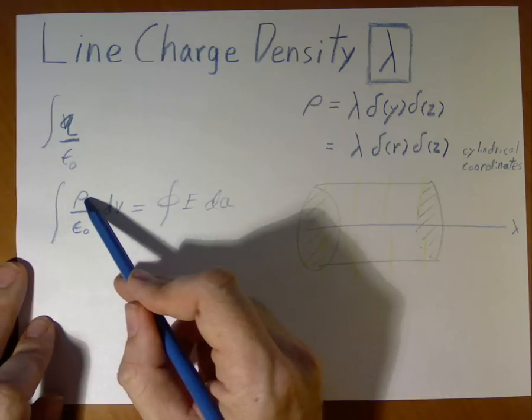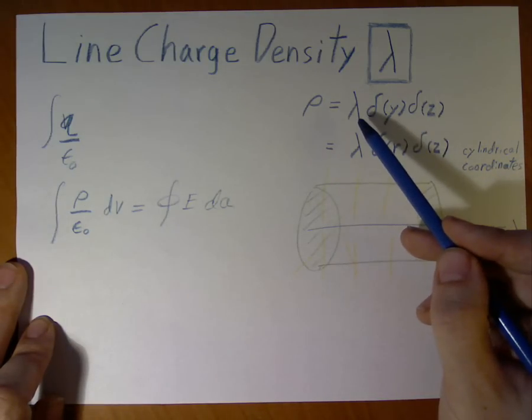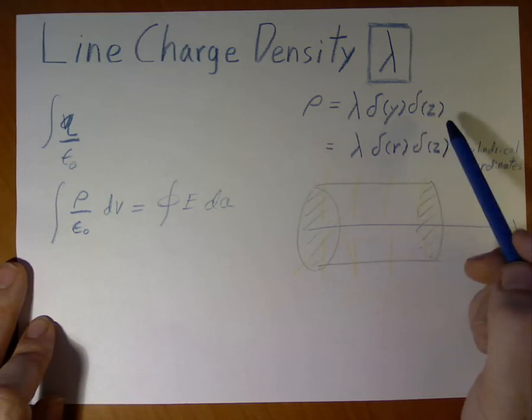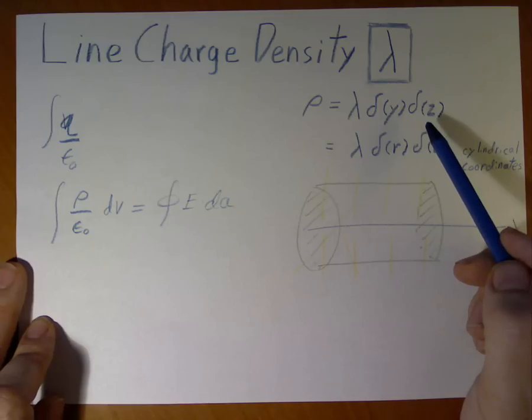Our charge density in this case will be lambda with these delta functions. Now we can work this out specifically. I'll leave that to the student.